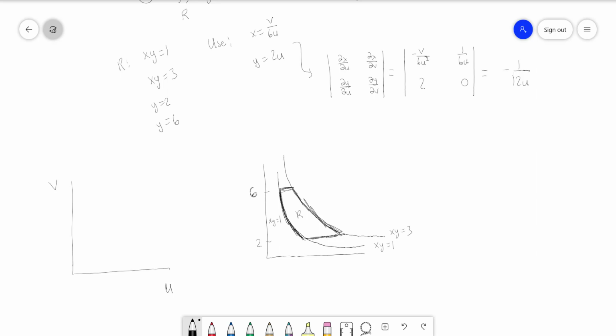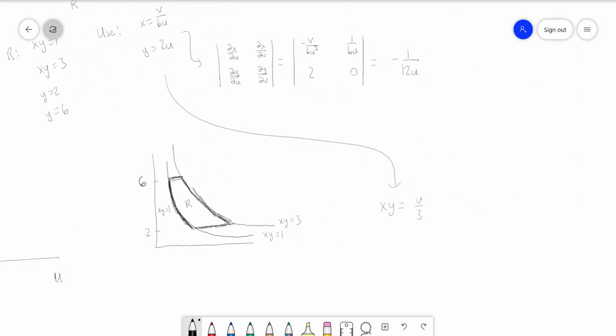Here, if I take these equations and multiply them together, notice we get xy equals, so the u's cancel, it's 2v over 6, so v over 3. So that means when xy is equal to 1, that's equivalent to saying that v is equal to 3. And likewise, when xy is equal to 3, you would get that v is equal to 9.